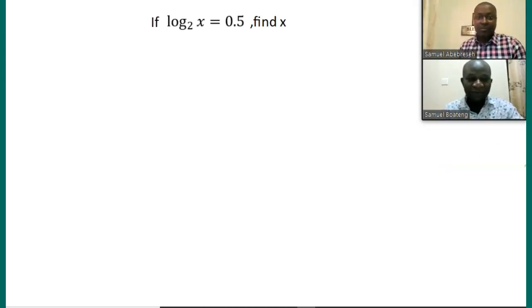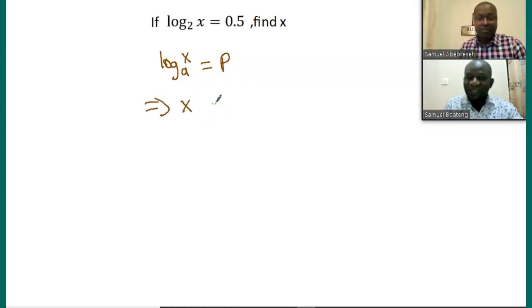Looking at the question on the screen, yes, you can easily use the definition of logarithm. You write log of x to the base a equal to p. By definition, x is equal to a to the power p.